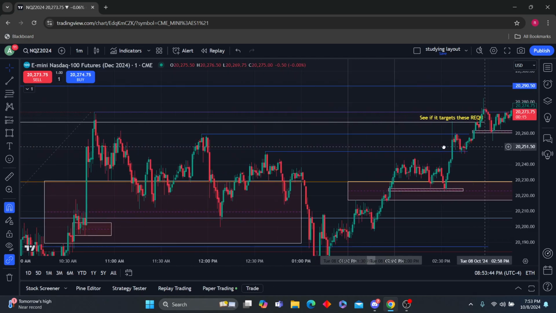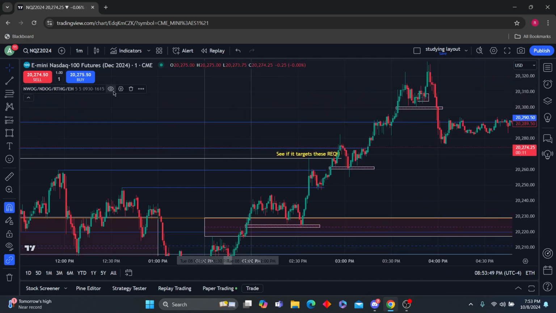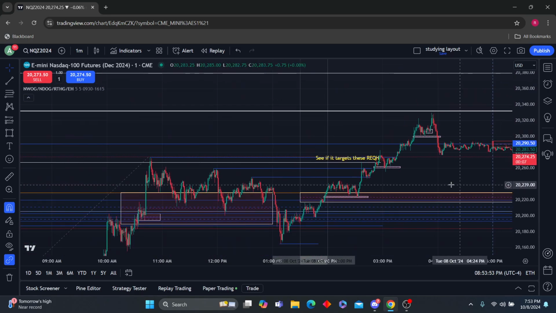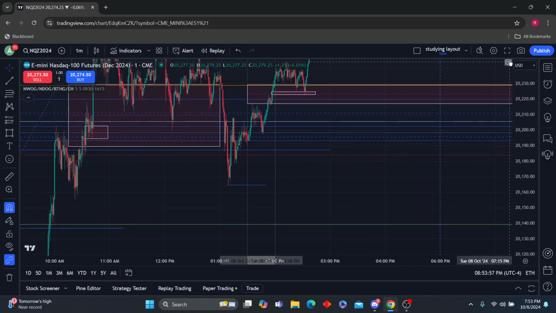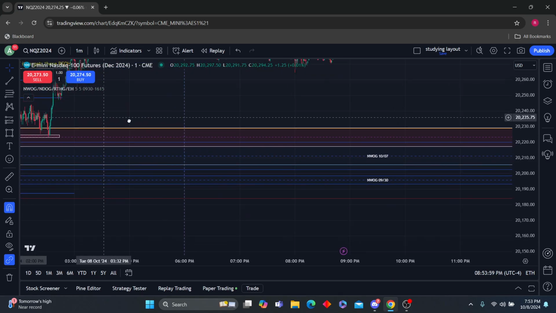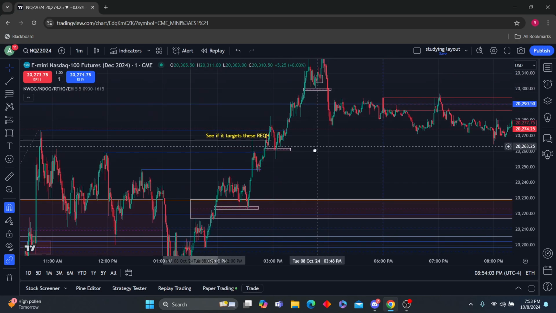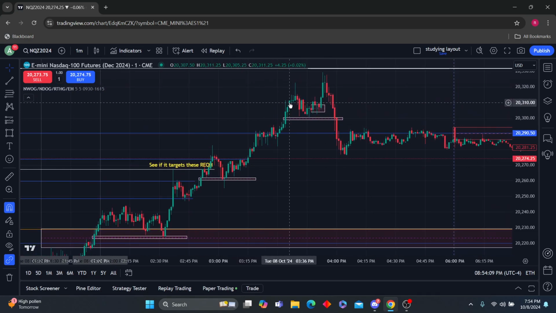Liquidity is up here still. I believe I have my new week opening gap right here. Below. Goes up. Keeps on going up. Finally shoots all the way up.